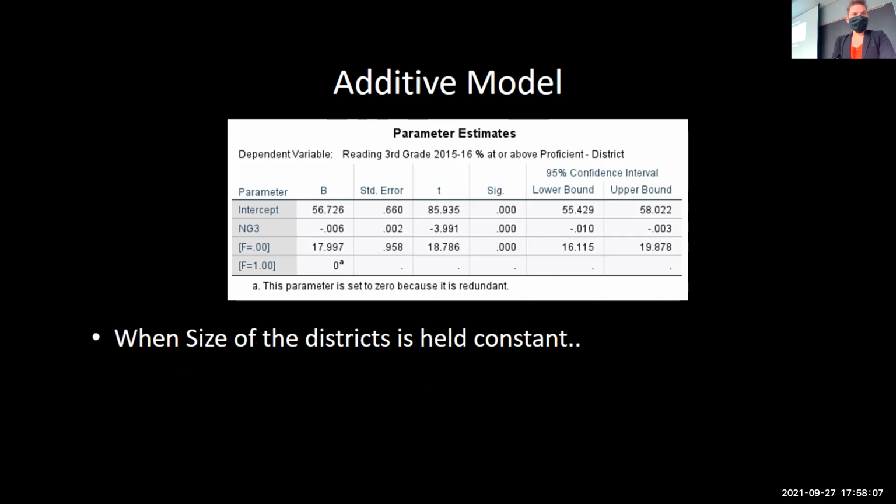And now, going to try to interpret the size of the district, or the F. If I'm holding size of a district constant, the difference between a school district that has an F and a school district that doesn't have an F is what?